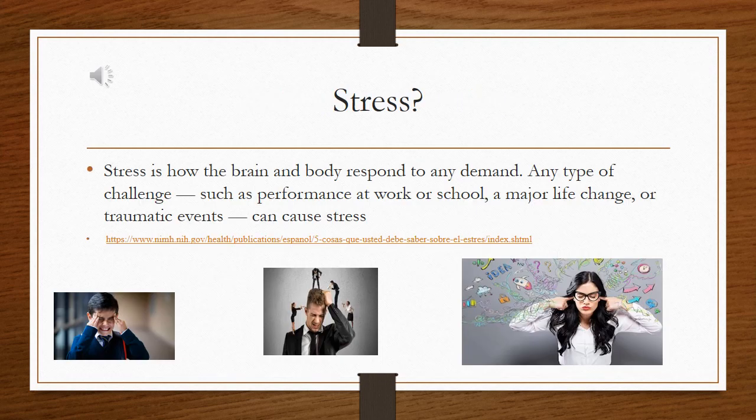So first of all, we're going to start with trying to define what stress is. I think it's very important to know why it's important to practice mindfulness. And stress is one of the reasons. So stress is how the brain and body responds to any demand. Any type of challenge, such as performance at work or school, a major life change, or traumatic events can cause stress.